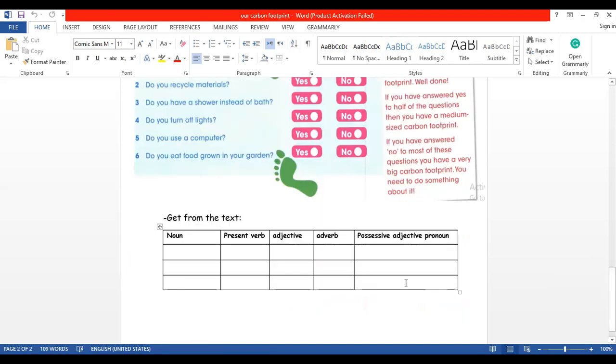And the most important thing that I just want you to revise is the grammatical functions, the parts of speech: nouns, verbs, adjectives, adverbs, possessive adjectives, pronouns. Okay, so you have to get them from the text.